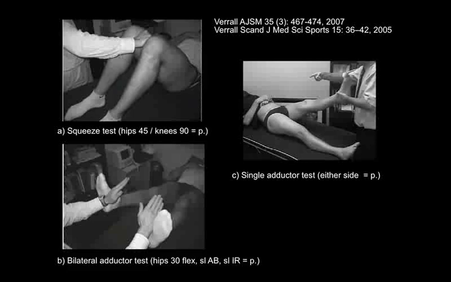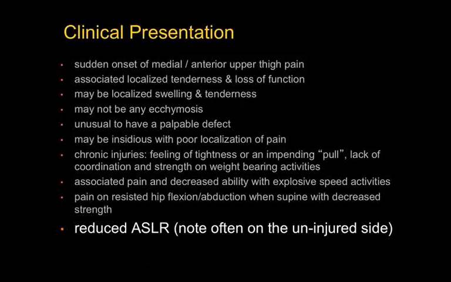And the single adductor test, bringing the hip into the position that's shown on the photo, and then doing a resistance against that, bringing on pain. It should be noted that it often does not have to be maximum resistance to bring on pain. It's often just a slight amount of resistance and pain comes on. So I personally suggest that you do a slow graduation of bringing on resistance, or suggest that to your colleagues. There's also a reduction of active straight leg raise.